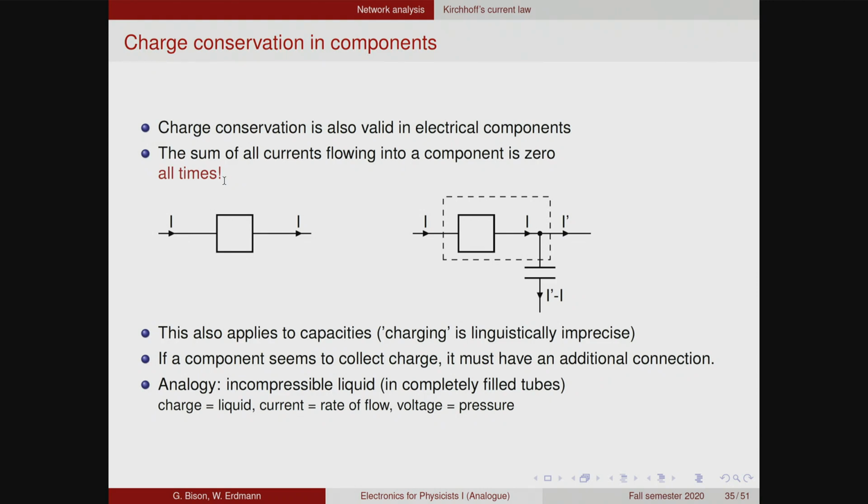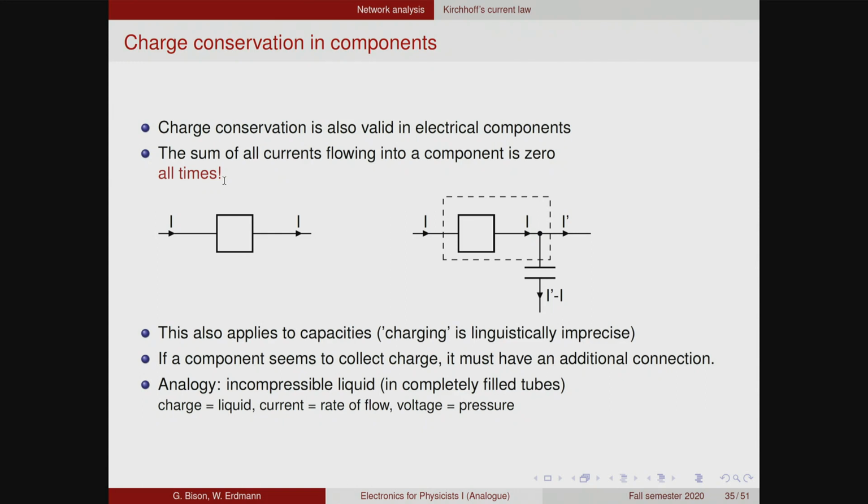If a component seems to collect charge or seems to lose charge, then there must be an additional connection. For example, there could be a capacitor that is charged and loses charge, and it doesn't appear anywhere in your system.